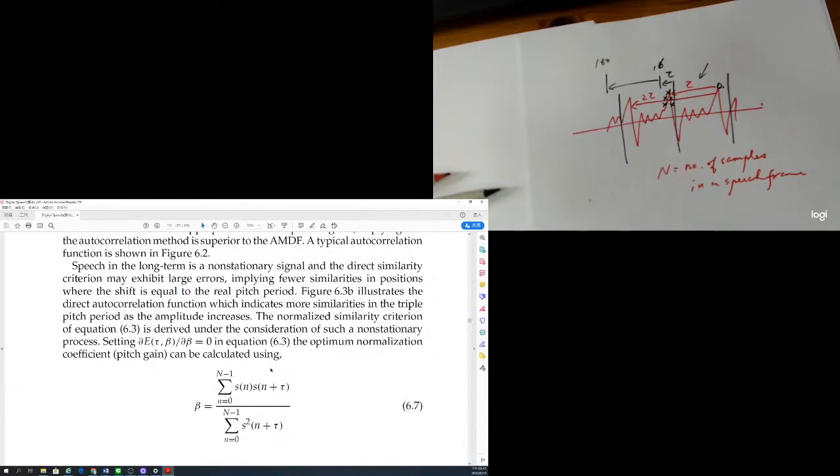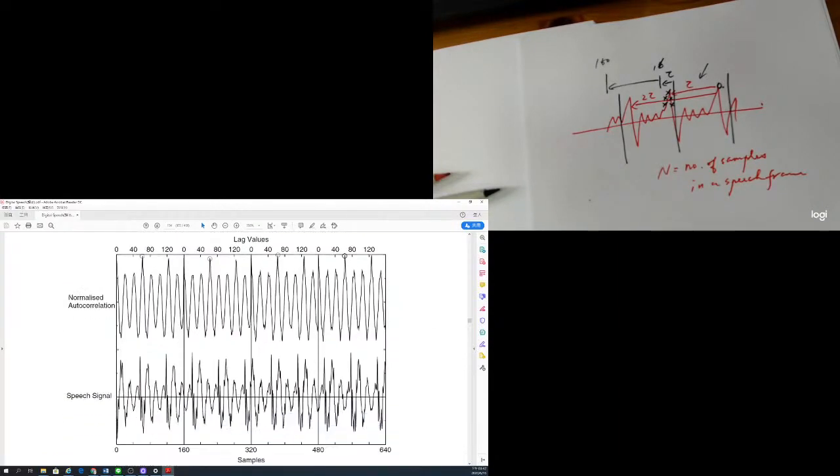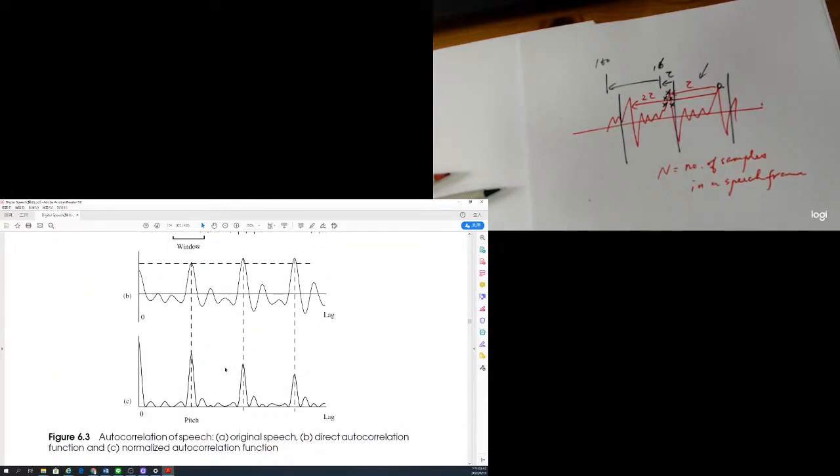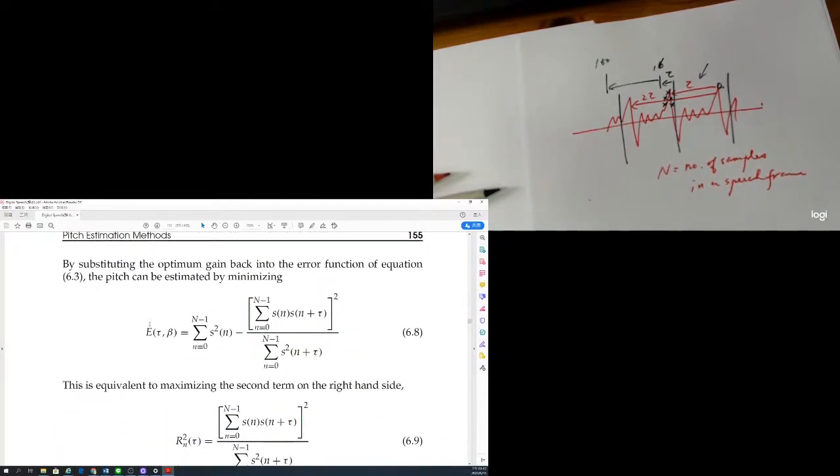We can get the minimum distortion, and then this beta is substituted back into the cost function, so you can get a cost function like this one.